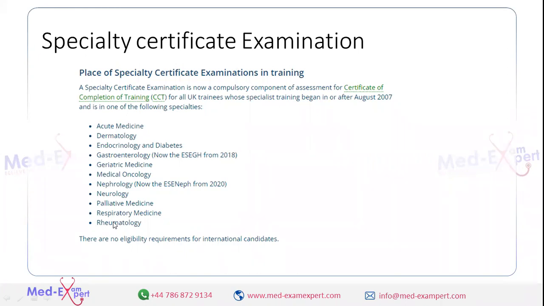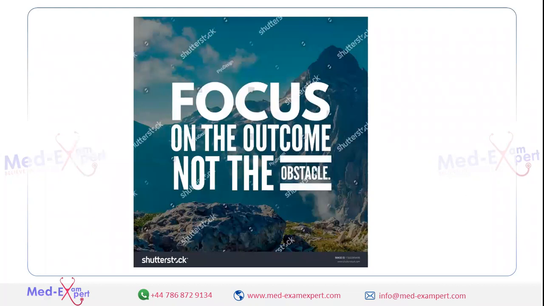If you clear this theory exam, a best-of-5 format, you get a specialty certificate, which will add to your CV. Remember, you do not need MRCP to get the specialty certificate, but if you want the MRCP UK, one of the internationally reputed degrees, you need to do part 1, part 2, and PACES.